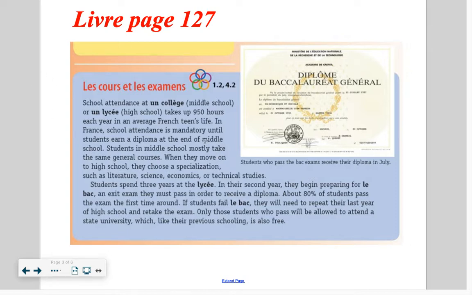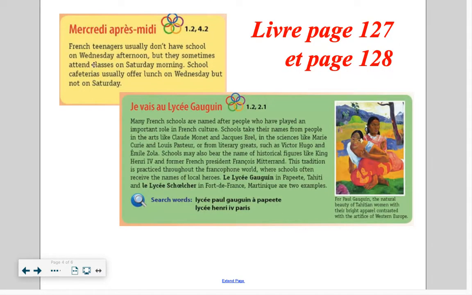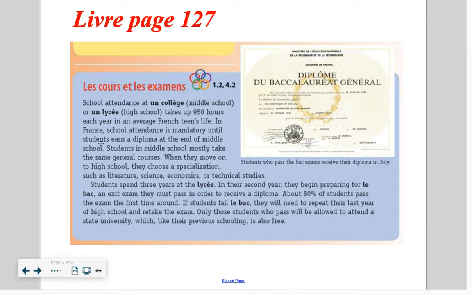It's going to have a reading. Page 1 is going to have this reading about French schools. Okay, this and these two in the same order. Now, I got these from your book, page 127 and 128, and it just kind of tells you a little background about what French school is, and how French school is, a little idea of how it is.